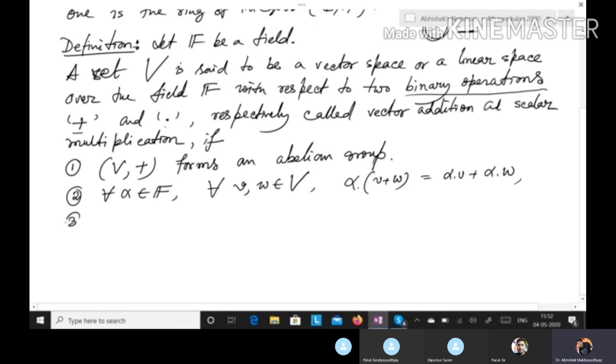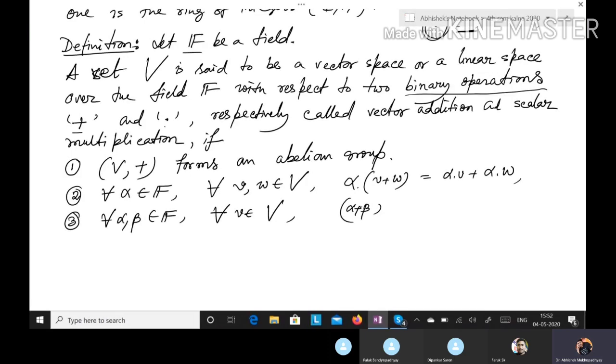Then the third one: for all alpha, beta belonging to F, for all v belonging to V, now alpha plus beta, this plus is for the field F. That is, this addition is the operation defined on the field F. Although they are symbolically the same, this plus has been defined on V and this is the addition on the field F. So you need to understand both these operations.